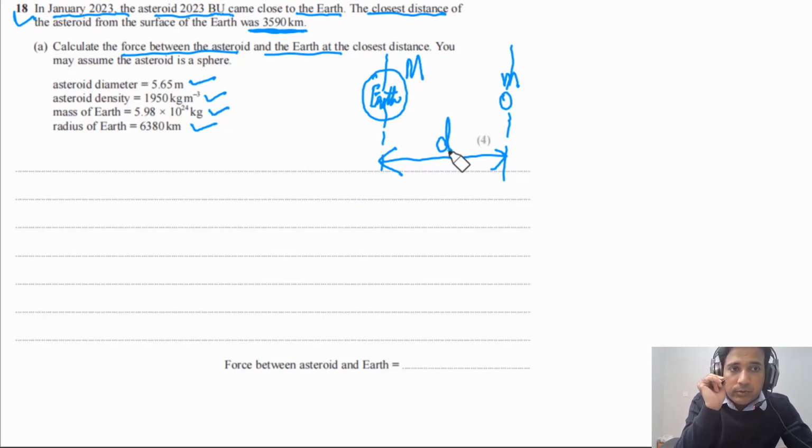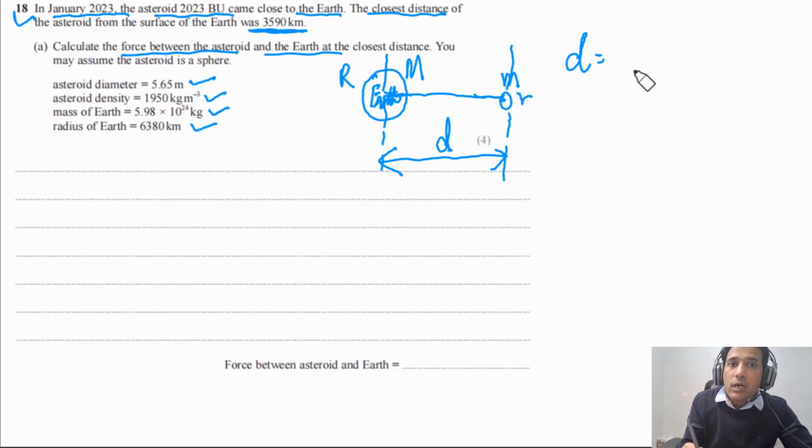But for this question, what do we have? We have the diameter of the asteroid, that is 5.65 meters. So it means we have to take the radius of this one. So we need the radius of this one, and we need this distance, that is d. So d will be equal to, let's say the radius of this one is capital R and the radius of this one is small r.